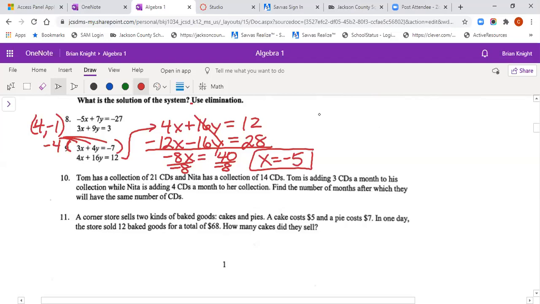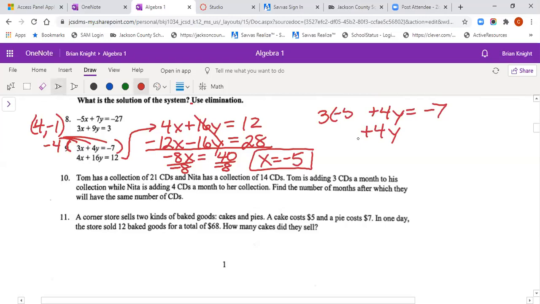I want to plug it into the top one. 3 times -5 plus 4y equals -7. So that's -45. You put 15, -15. Oh, I sure did. My bad. I was just having a good day. I told you I messed up earlier and didn't like it.